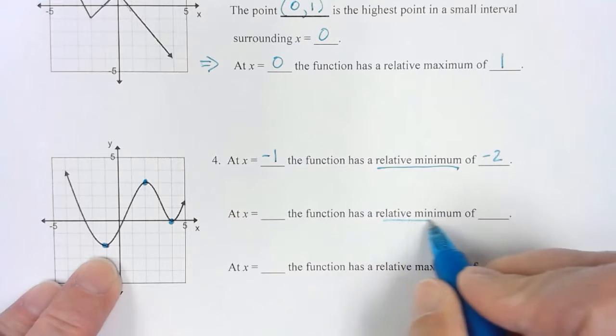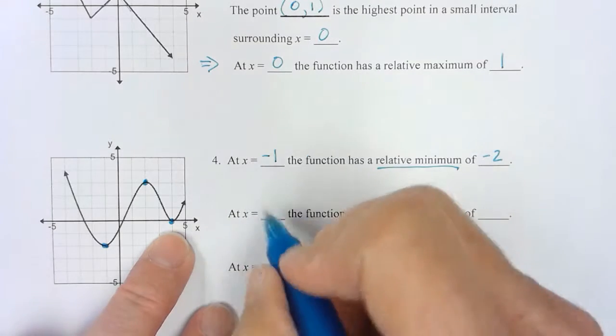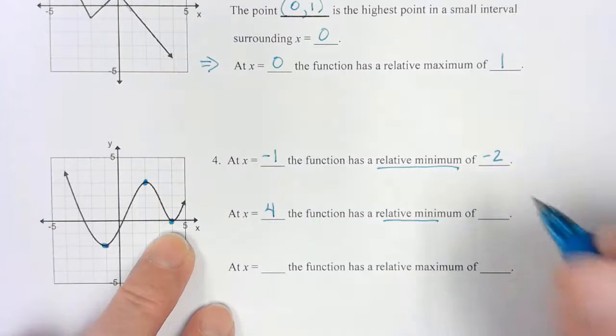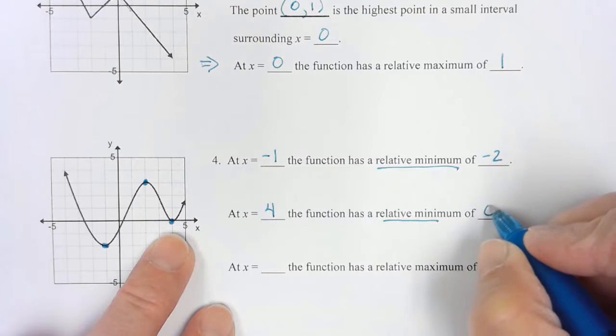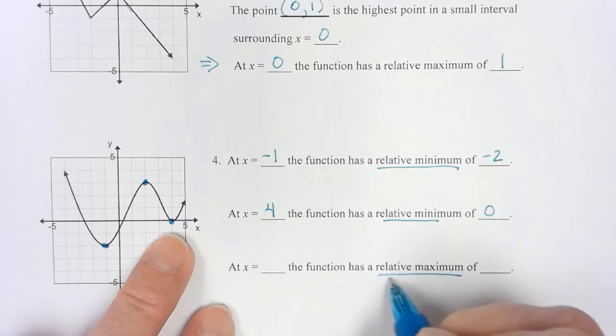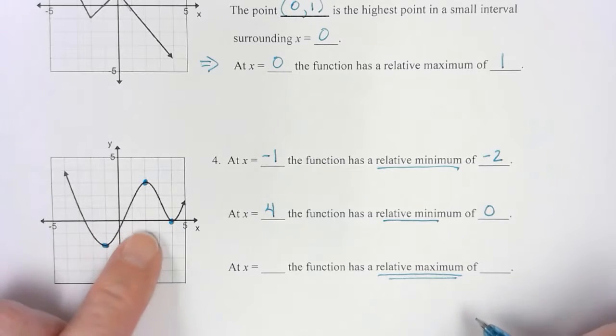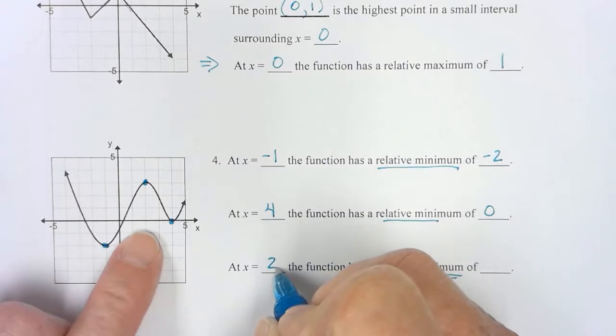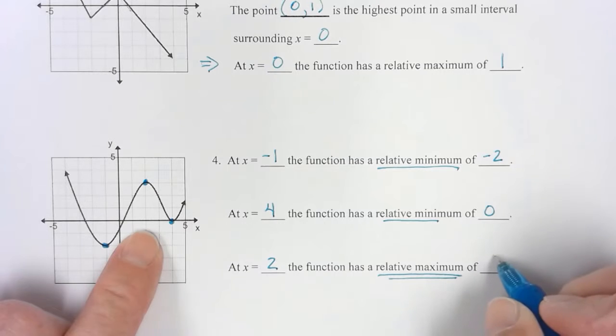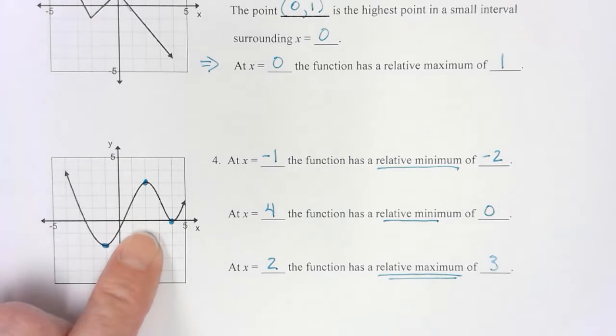The other relative minimum, at x equals 4, the function has a relative minimum of 0. For my maximum, it's at an x value of 2, and it has a y value that's a relative max of 3.